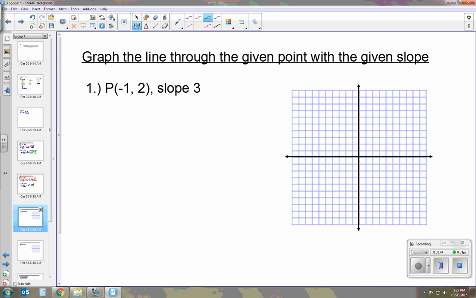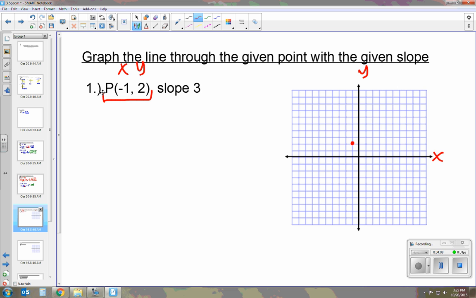So let's practice some graphing, because we have to learn how to graph. This one says graph the line through the given point with a given slope. So the first thing that we're going to graph is this point. We're going to graph negative 1, 2. Remember we do x, and then we do y. And then we're going to graph the slope.